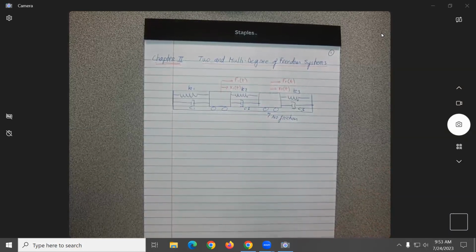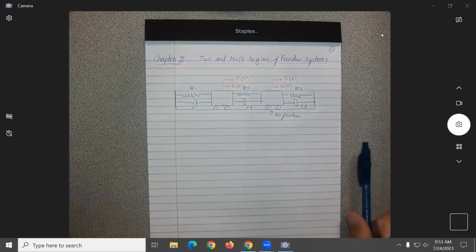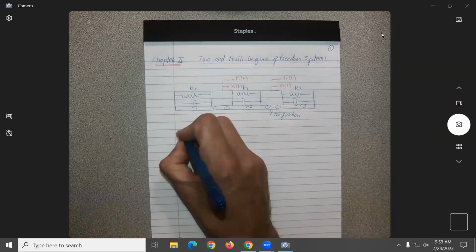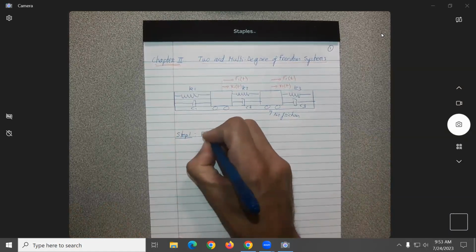Anyway, so if we follow the normal procedure, what are the steps? Correct. So step one, some type of figure, free body diagram. Okay.